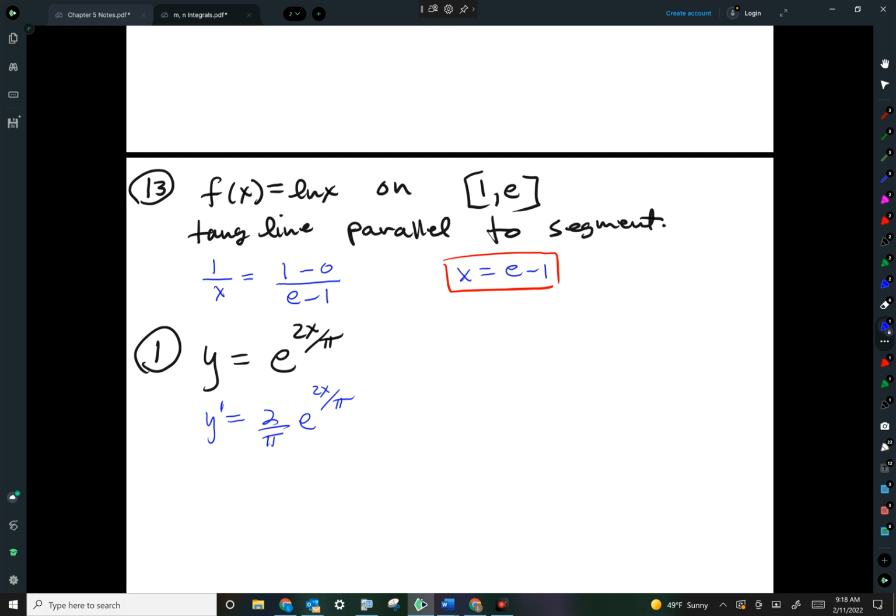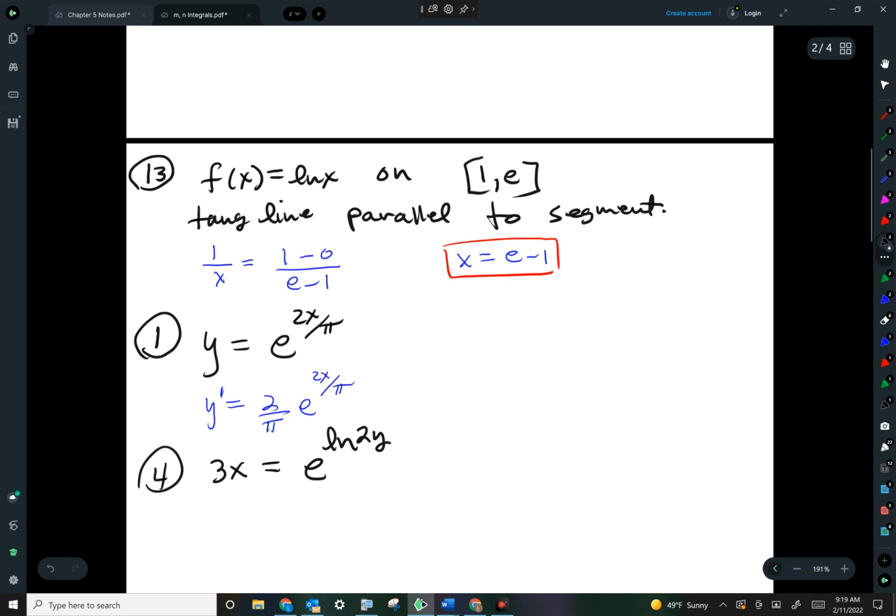All right. Shatur, Vanessa, pick a number between 1 and 18, other than 1 and 13. 4. Ooh, 4 is a good choice. Good choice, Shatur. Find dy dx if 3x equals e to the natural log of 2y.